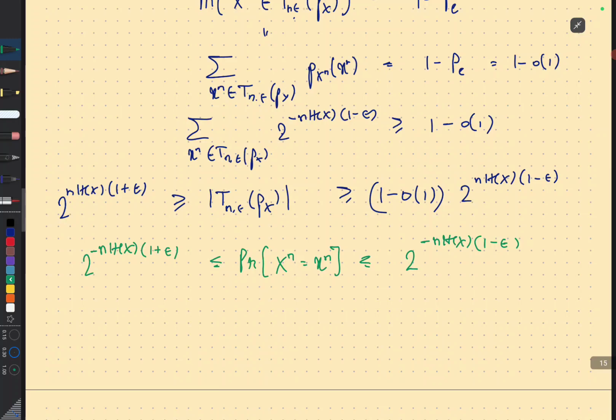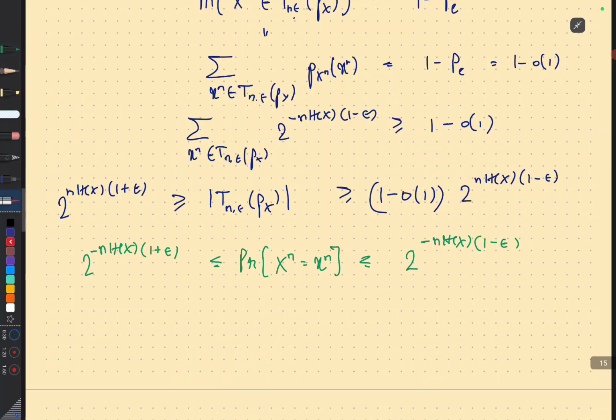So the size of the typical set is close to 2 to the n times h of x, right? And so the number of sequences is roughly 2 to the n times h of x.